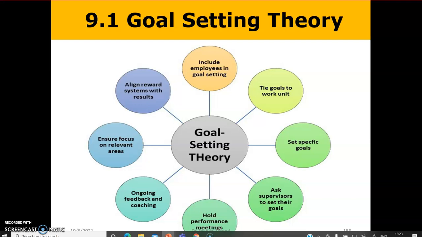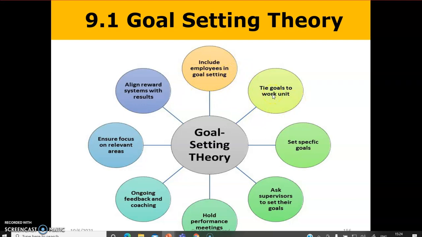I am not interested in conducting this course theoretically. I am going to tell the theory, and you have to implement it. Implementation is very important. So tie goals to work units. Whatever goals you are setting, you will tie them to the action plan, your work.